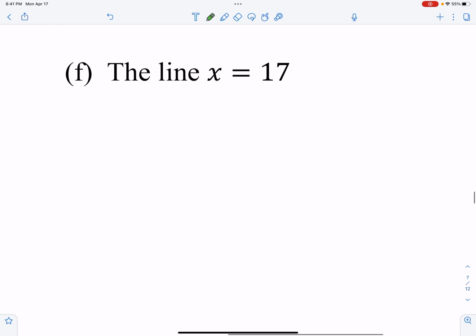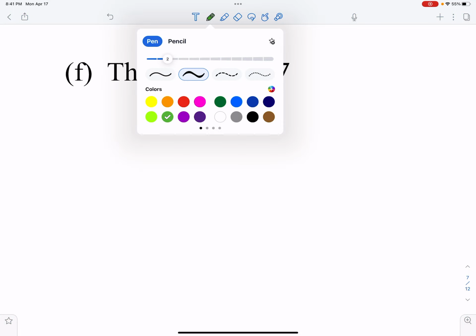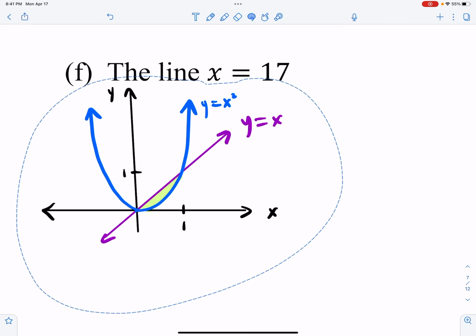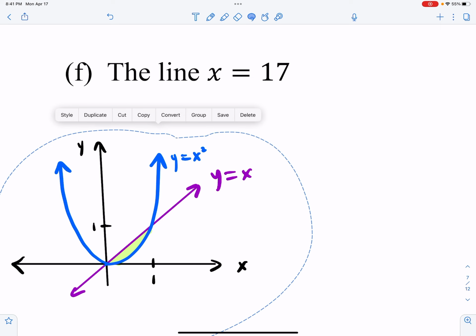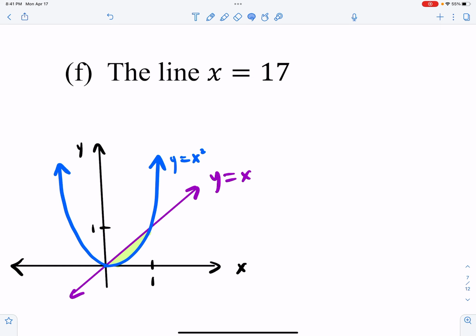And then about the line x equals 17. I don't want to draw the picture. I'll draw it where I'm estimating x equals 17. This is not to scale. Okay, let's say x equals 17 is over here.